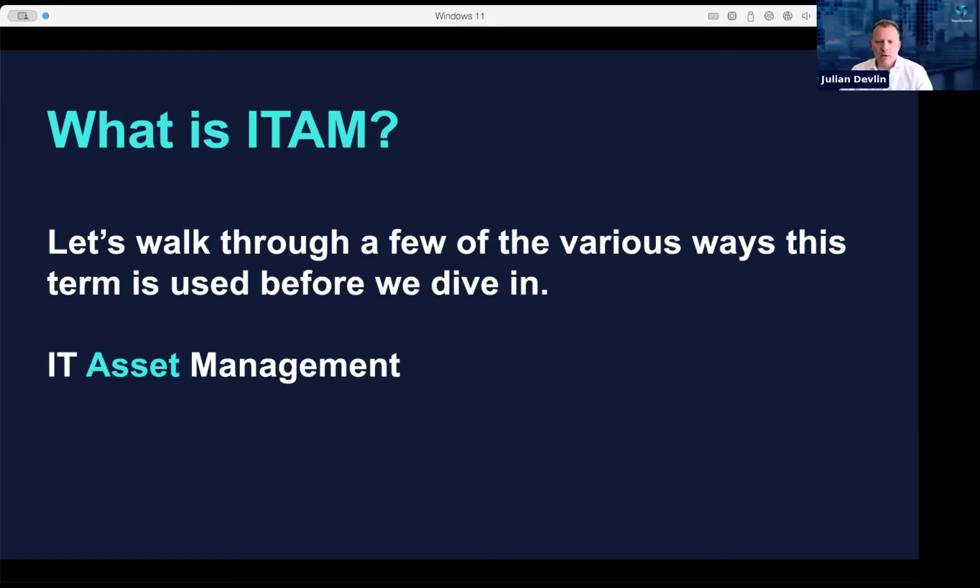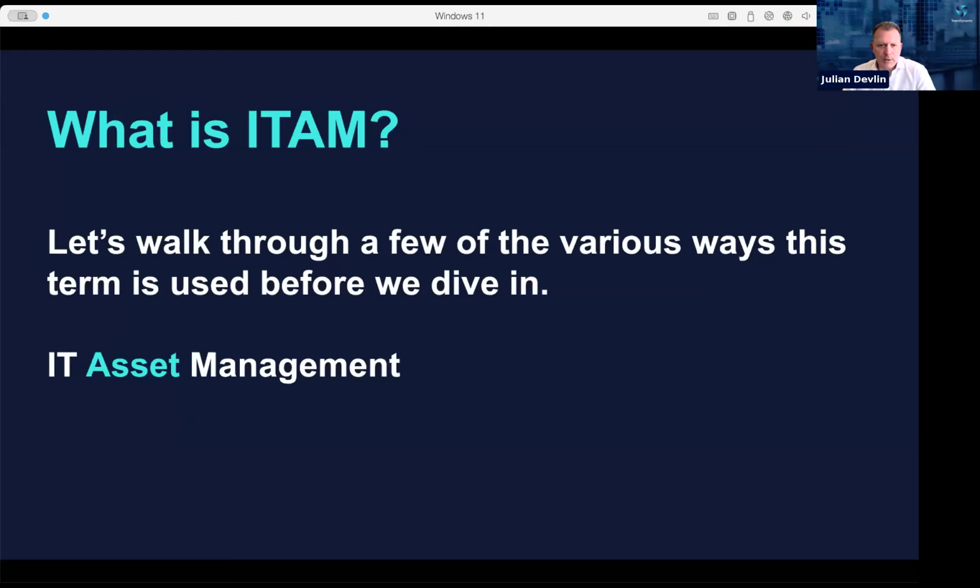Even once you decide that's what it means, at a simple level, you might equate that with a CMDB, because a CMDB allows you to keep track of stuff like computers and software. But we like to focus on the word asset.